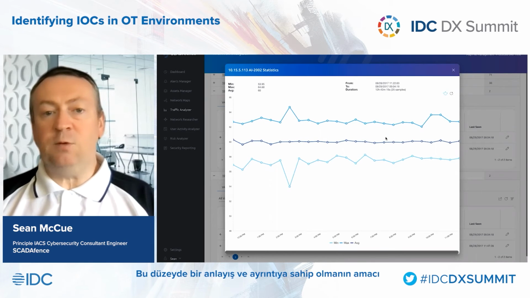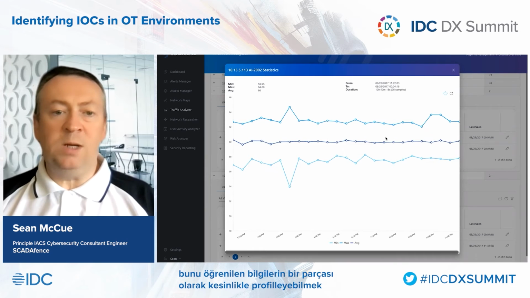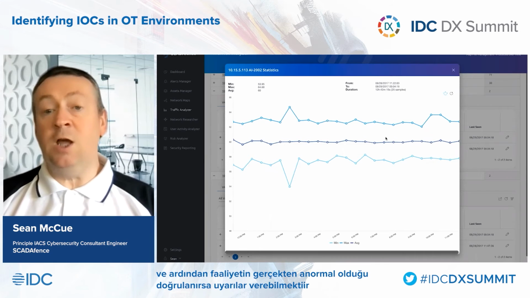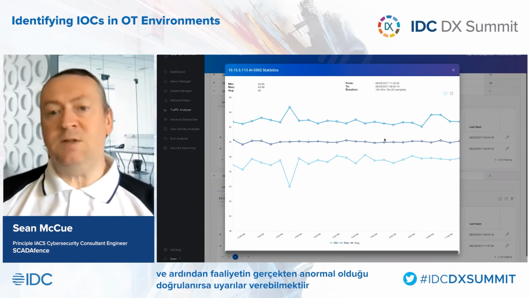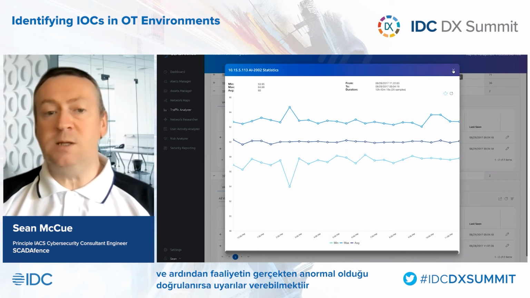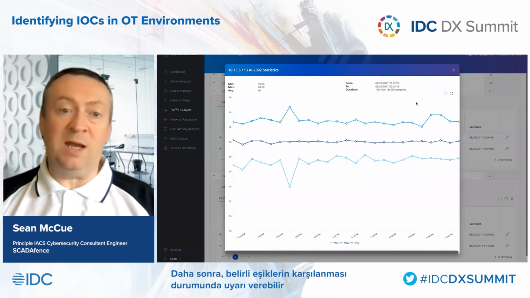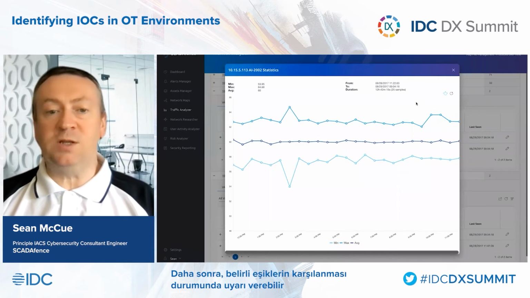The objective in having this level of understanding and detail is that we can certainly profile this as part of the learnt information and then raise alerts if indeed the activity is deemed to be anomalous. But also it's possible to set threshold triggers, and they're also then able to reference and raise alerts in the event that specific thresholds are met.